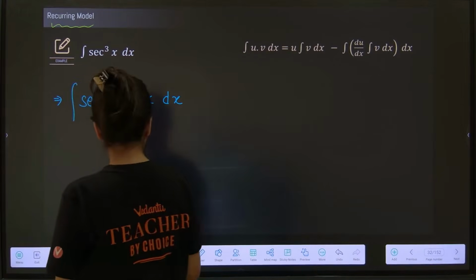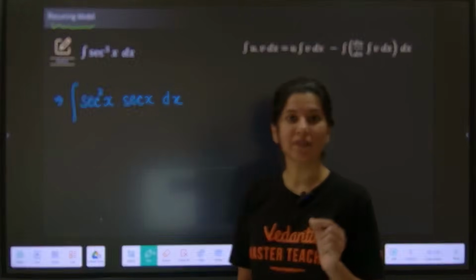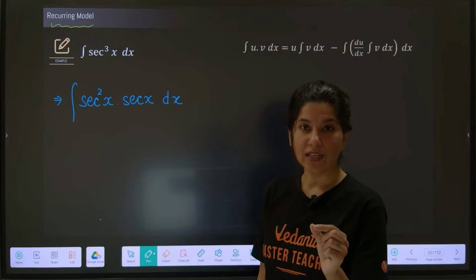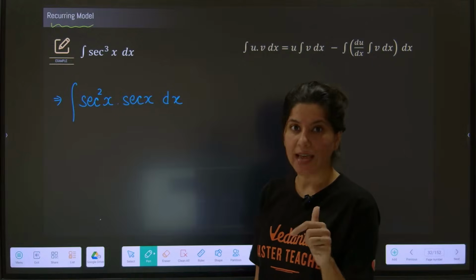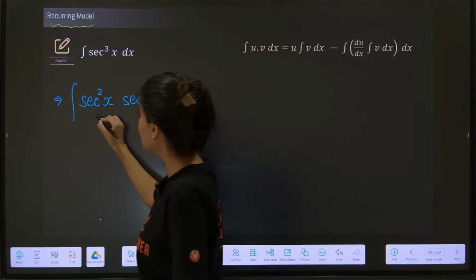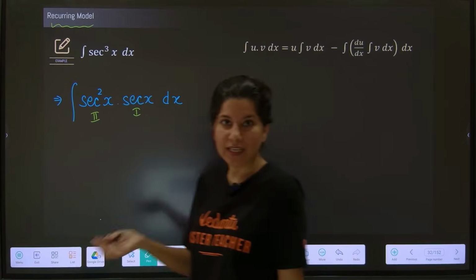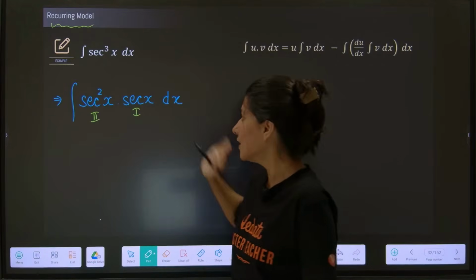Here only we should think about putting first and second function. Now understand, the integration of sec square x is tan x. So we know the integration of this, so it will be second, and we don't know the integration of sec x. I mean, we know, but sec square integration is much easier for us. So that's how it is.